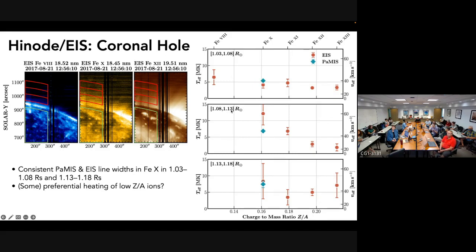In the region between those two, the ICE line width is affected by maybe hot pixels, so we don't have a good consistency between those two measurements. And it seems that there is some preferential heating of these ions. If you look at, for example, the effective temperature of iron 8 at the base of the coronal hole, it's already 6 million Kelvin here.